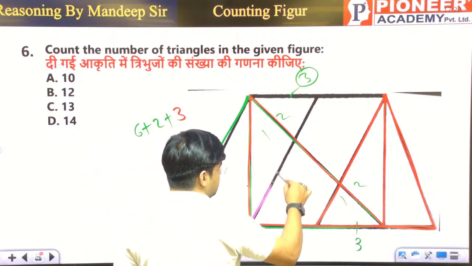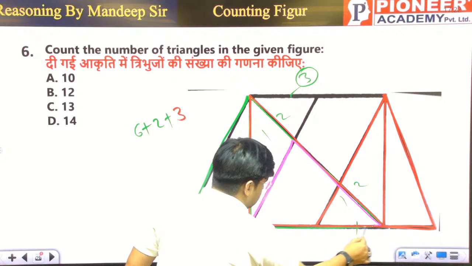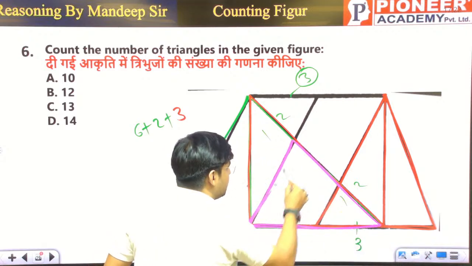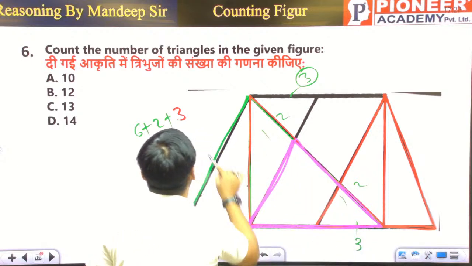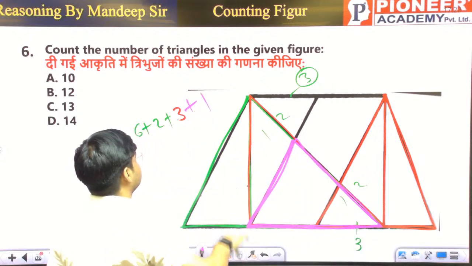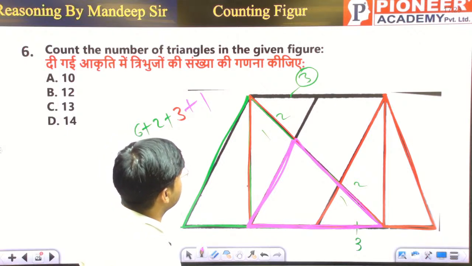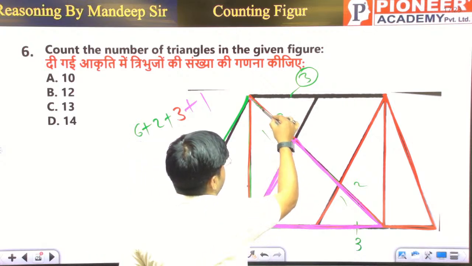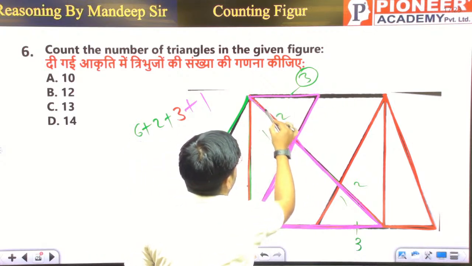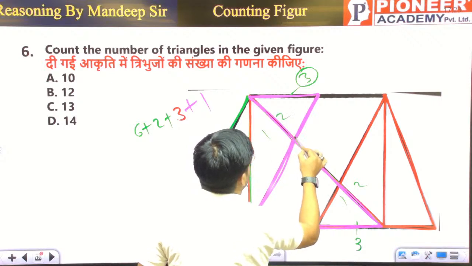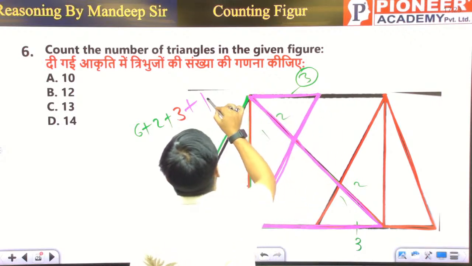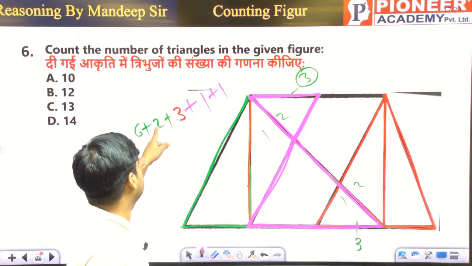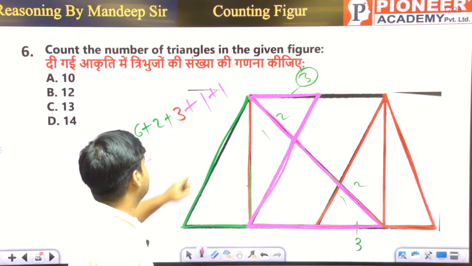And if we see, this triangle is also a triangle, plus 1, and it's also a triangle, plus 1. How many triangles can we get? 6 plus 2, 8, 11, 13.